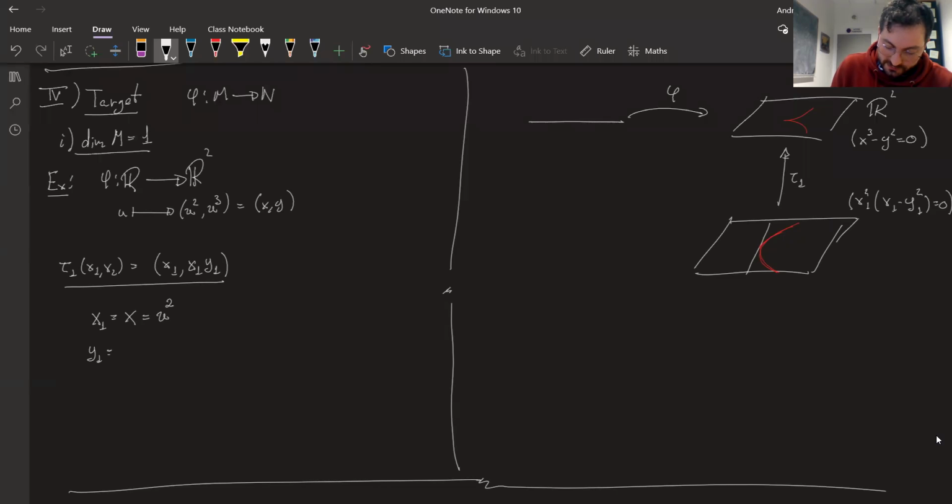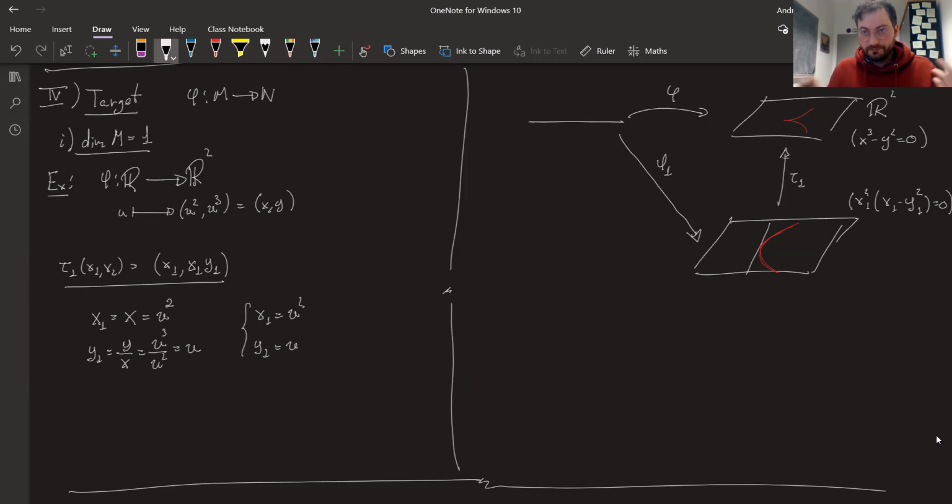And y1 is equal to y divided by x, which is u3 divided by u2, which is equal to u. So now we have that the morphism x1 is equal to u squared, and y1 is equal to u. So I do have that this is well defined.